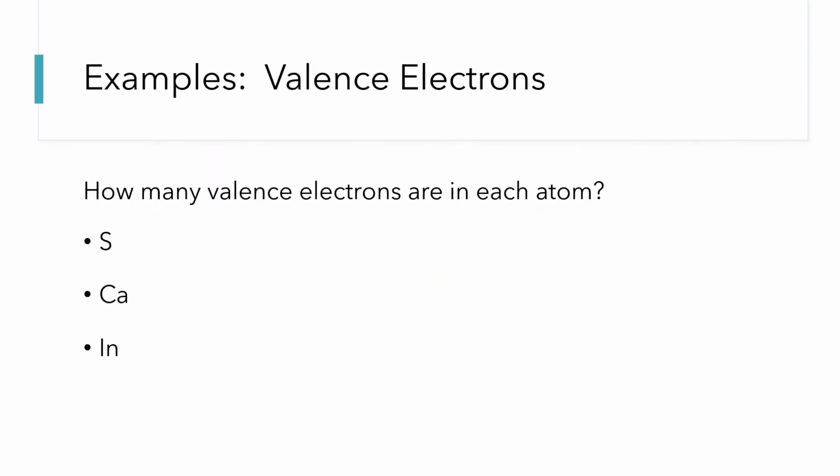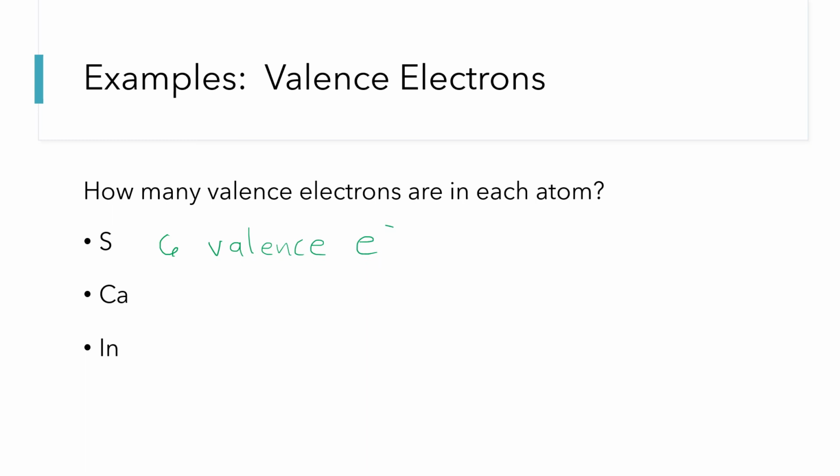Just as an example, let's look at these 3 elements and figure out how many valence electrons they have. Sulfur is atomic number 16, and you'll find that it is in group 6A or group number 16 in the 1 through 18 system. So this guy is going to have 6 valence electrons.